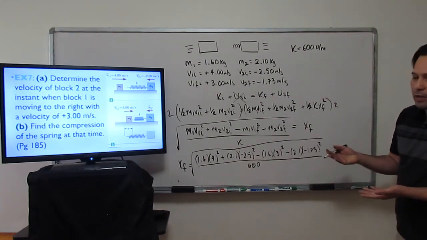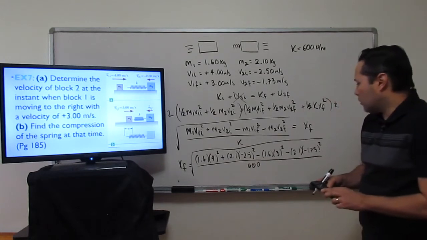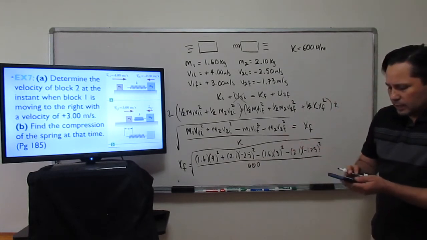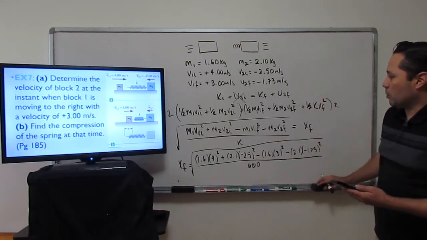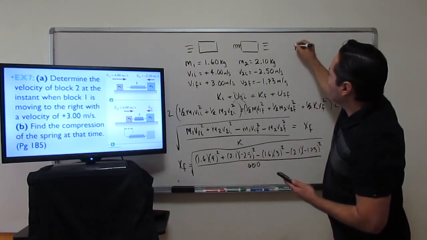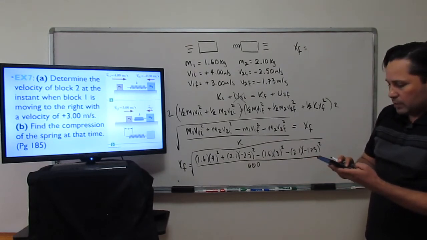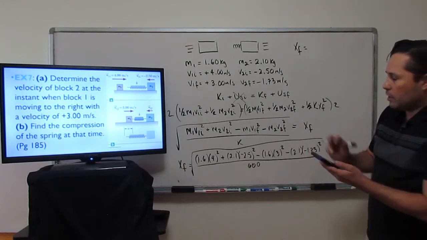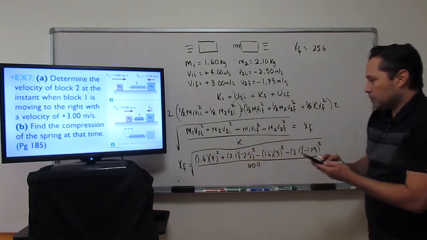Alright, there we have it. What's up next for us? Just put it into our calculator and take it step by step. Let's see. 1.6 times 4 squared gives me 25.6 right here.